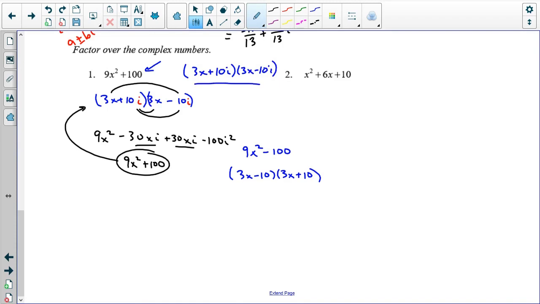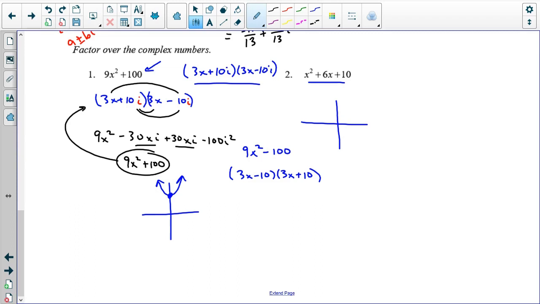Number 2, factoring something like this into the complex numbers. Now, if I graphed this, and if I graph number 1, that would be a parabola that has a y-intercept that is also the vertex at 100. So clearly that doesn't have any real roots, and so that's why we have to factor it into the complex numbers. Number 2 is very similar.